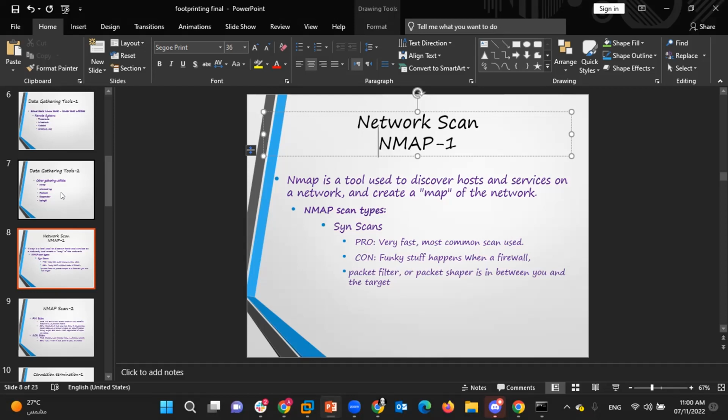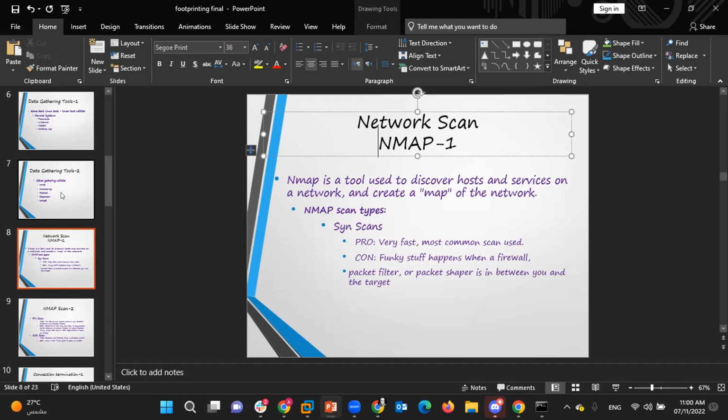In the attack phases, it's called reconnaissance. Reconnaissance is the first stage. We need to make this scan to collect much information about the organization we need to attack.